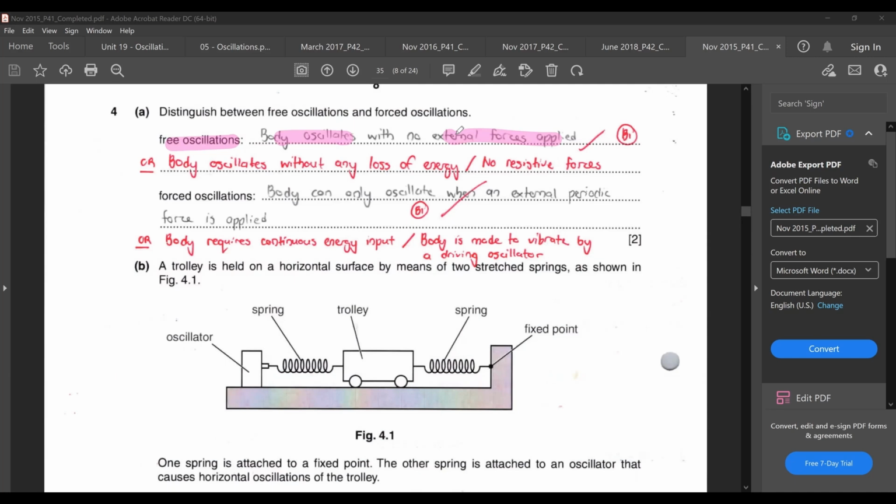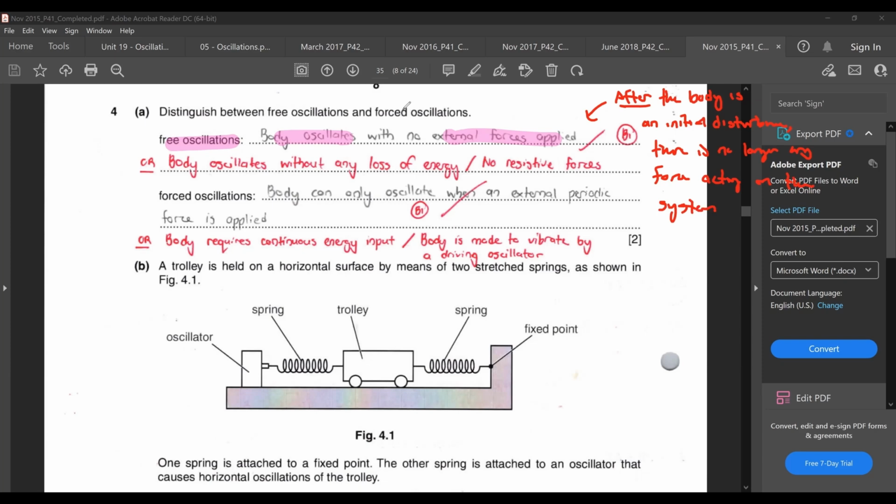After you give your body an initial disturbance, there is no longer any forces acting on it. So maybe I make a note here. After the body is given an initial disturbance, there is no longer any force acting on the system.